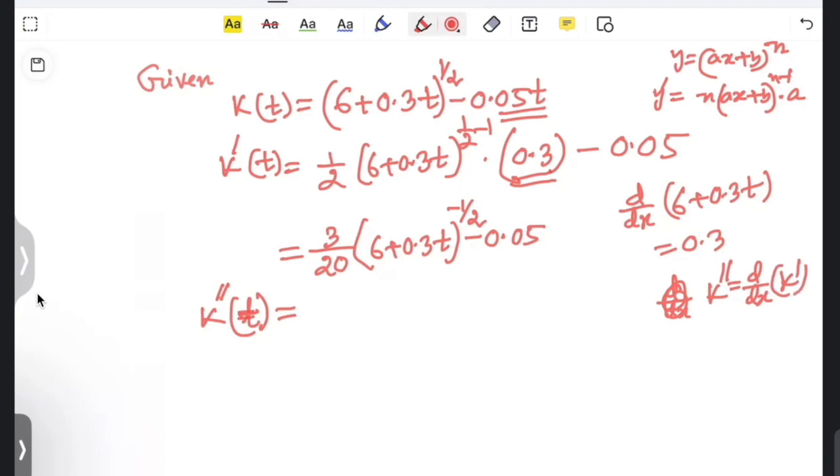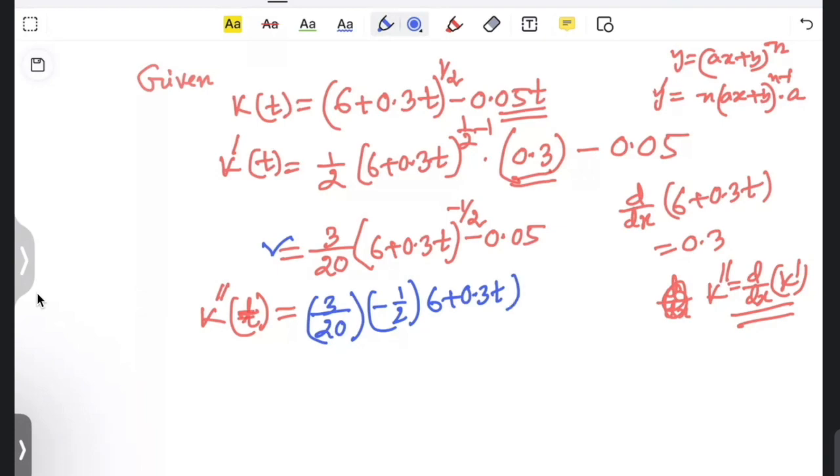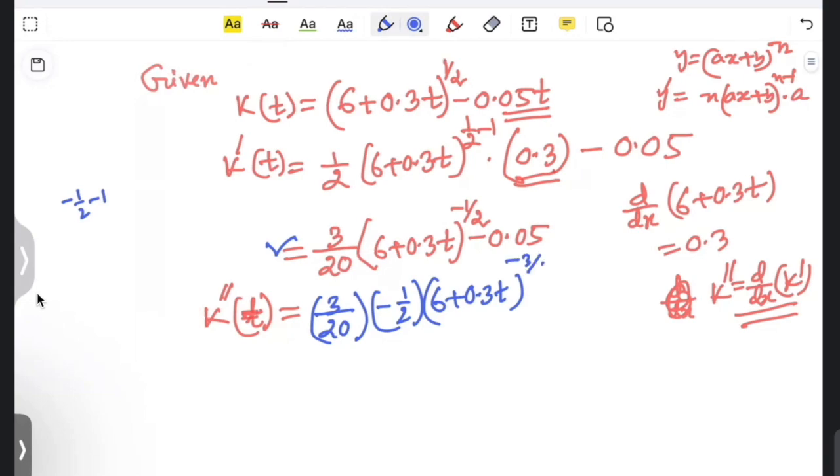If you differentiate k prime again, you will get k double prime. So differentiate this again: 3/20 is a constant, it stays, minus half times (6 plus 0.3t) to the power minus half minus 1, which is minus 3/2, minus 0, since the derivative of 0.05 is 0.